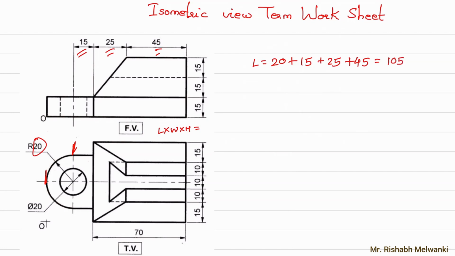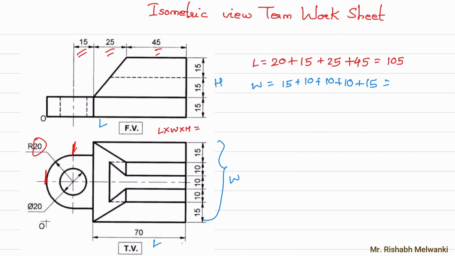Now next we will see the width. In the front view we can see length and height, and in the top view we can again see the length and the width. So the width will be equal to the addition of these values: 15 plus 10 plus 10 plus 10 plus 15.